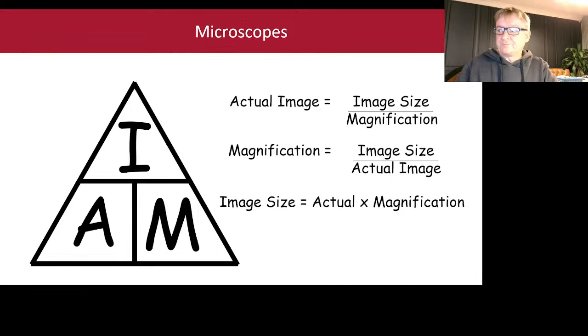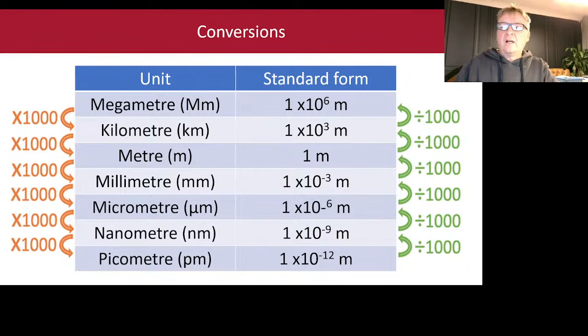Highly likely. Conversions. Now, you've all seen these conversions before, and the one that you're going to have on the wall in your room is going to have giga at the top. So remember it: mega, kilo, meter, milli, micro, nano, pico. And also remember, as you're going down, it's always by times 1,000.